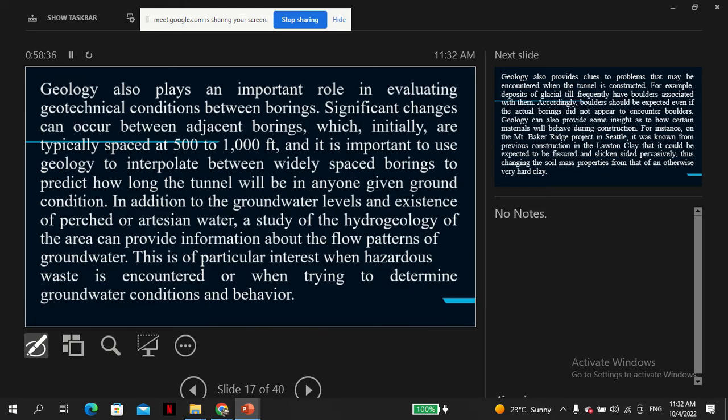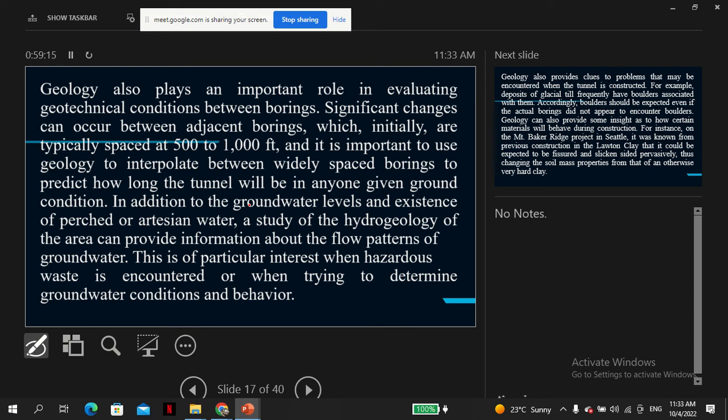Geology also plays an important role in evaluating geotechnical conditions between borings. Significant changes can occur between adjacent borings, which initially are typically spaced at 500 to 1000 feet, and it is important to use geology to interpolate between widely spaced borings to predict how long the tunnel will be in any one given ground condition.